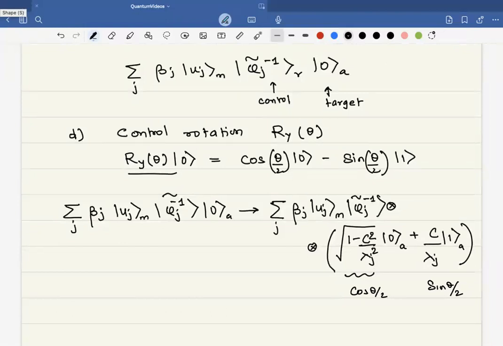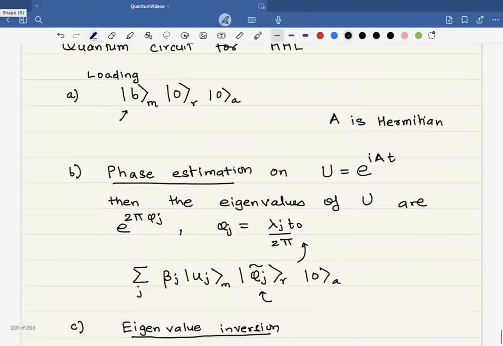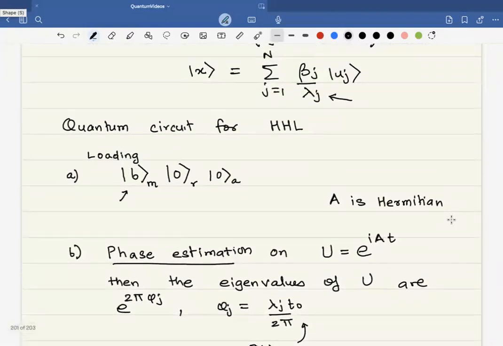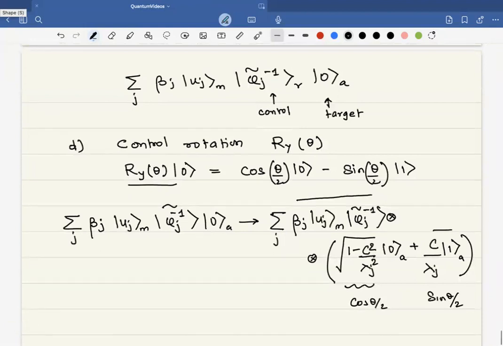And now at the end of this step, you see that if I just look at this part and this part, then you will see that it is almost what we need over here. That is what we need. So we're quite close. And then basically, if we measure a one, that should do it.